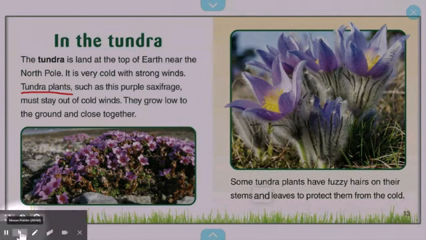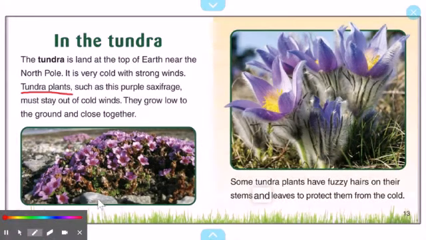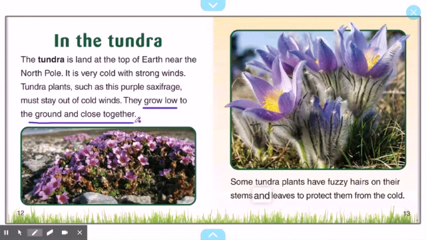So let's look at some of the characteristics of this plant that lives in the tundra. So it says that these purple saxifrage, I believe they're called, they have to stay out of the wind. So this is what they do. They grow low to the ground and close together.